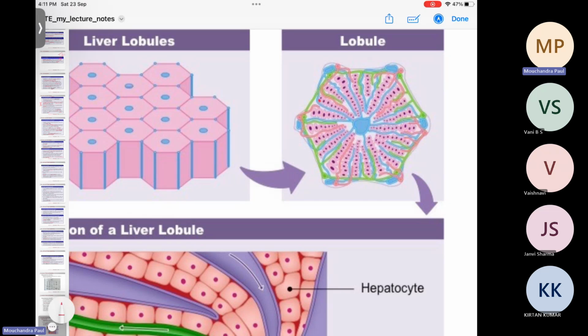The center is the central vein, where these veins are coming in all 6 directions and joining. Similarly, there are arteries responsible for circulation of the blood in the opposite direction, and in between these hepatocytes, there are tiny gaps which are called sinusoids.